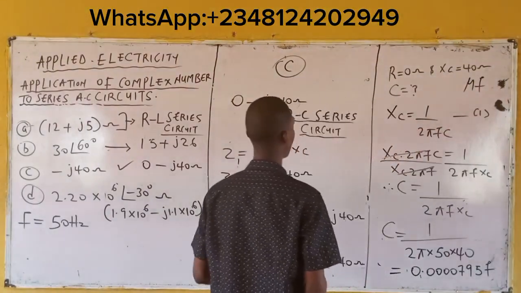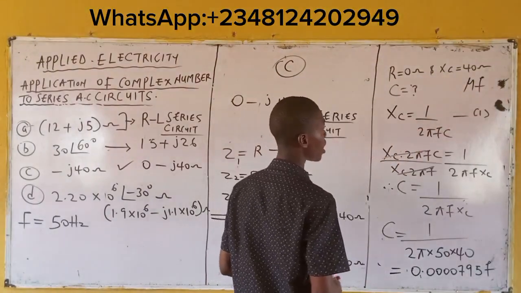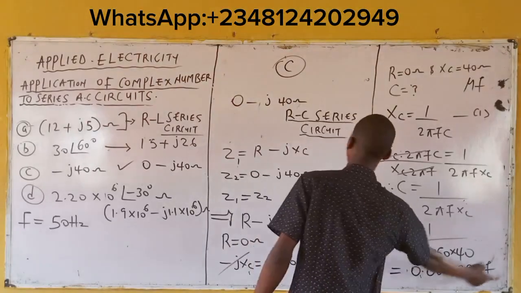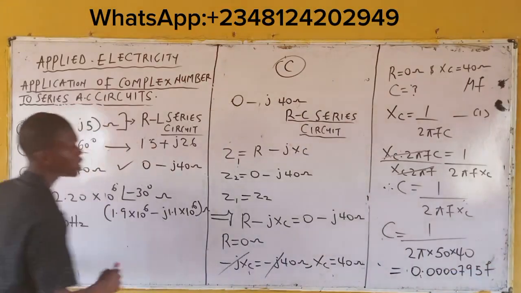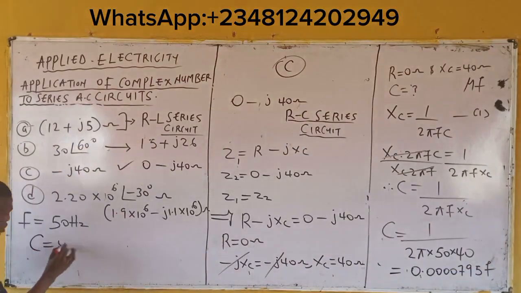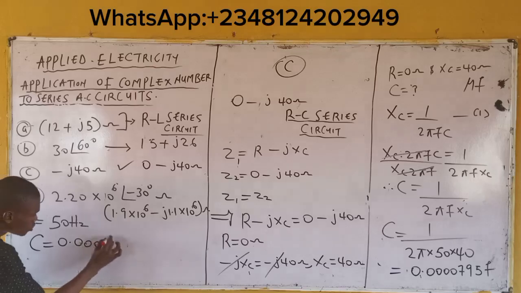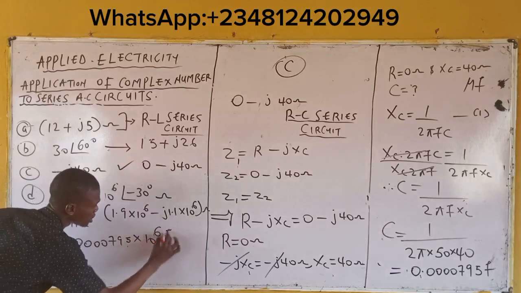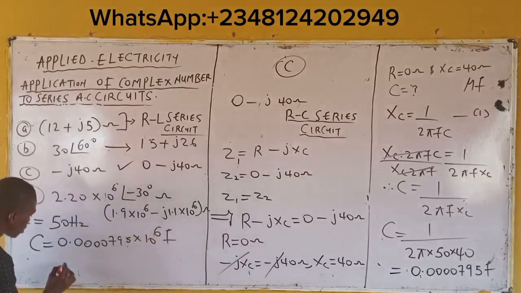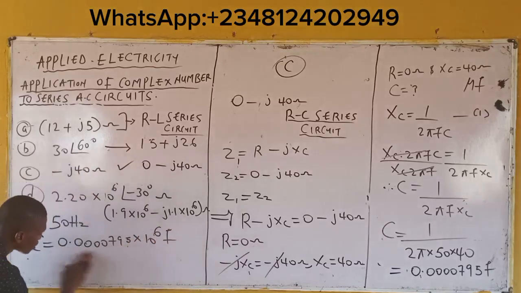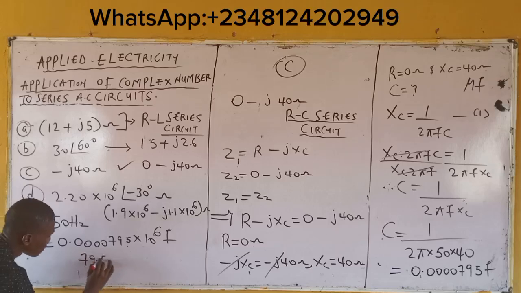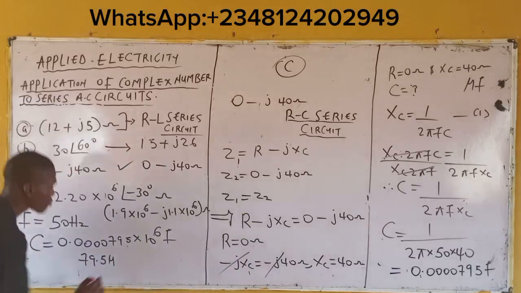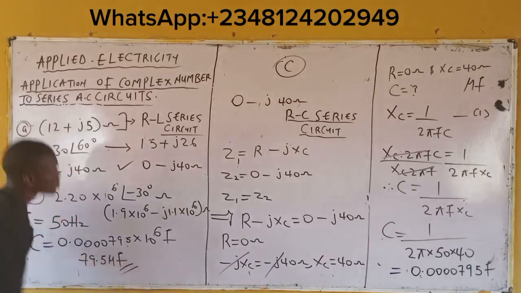You multiply by 10 to the power of 6. So 0.0000795 times 10 to the power of 6 gives 79.5 microfarad. This is the answer.